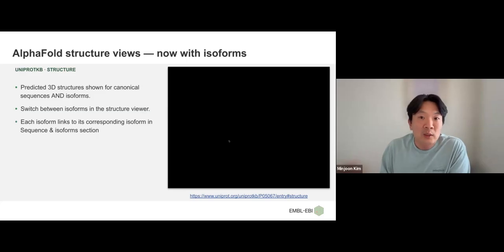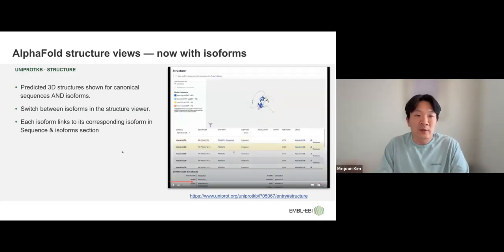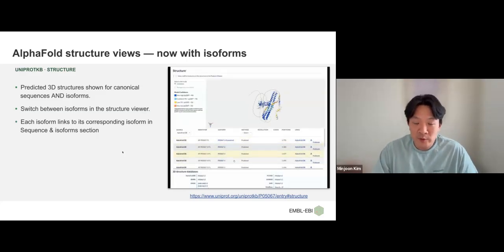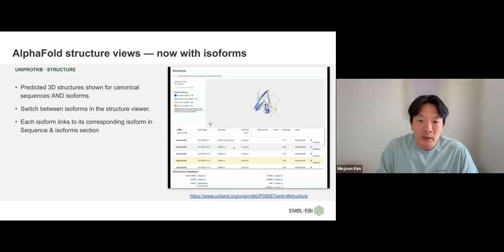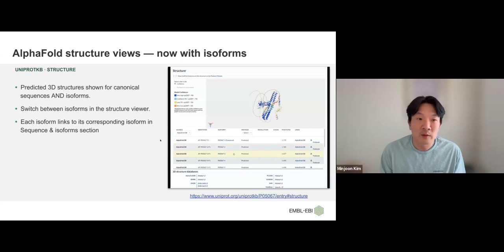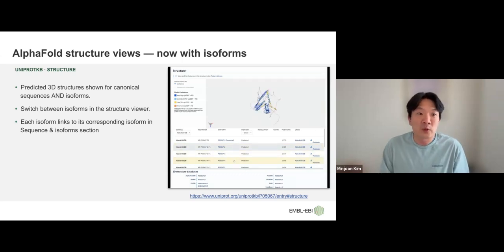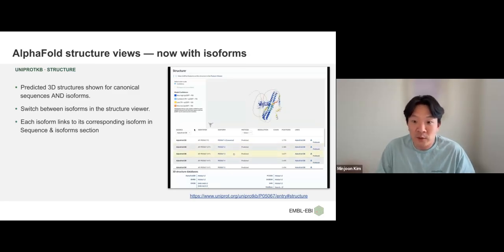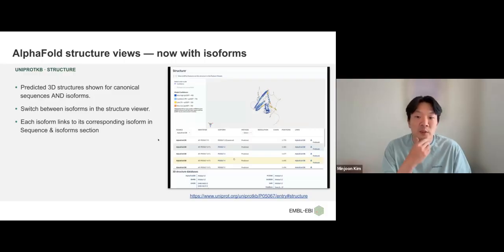The next one is the AlphaFold structure views. Previously, we only had the AlphaFold structure viewer without the isoforms. It was only the canonical sequence that was displayed in the structure viewer. Now we have included the isoforms, as you can see in the video that's playing.